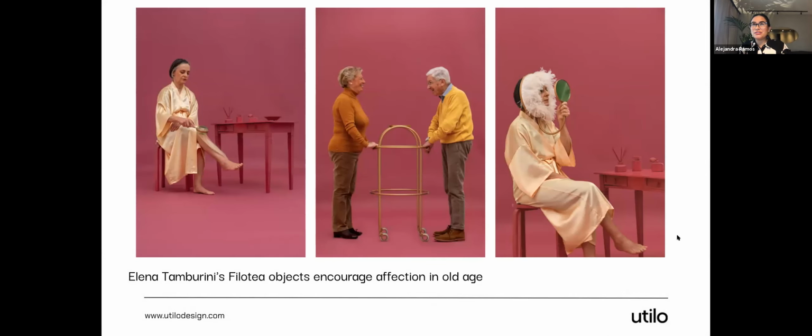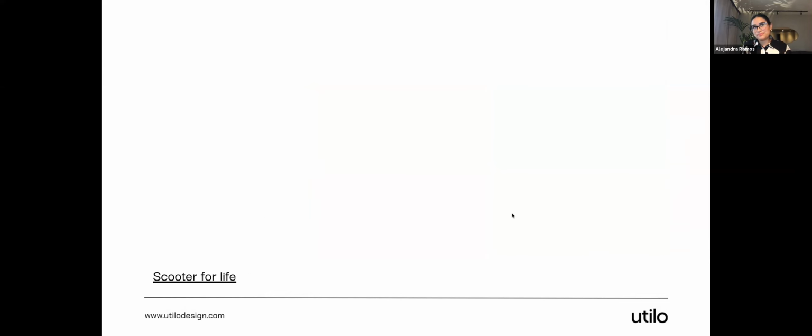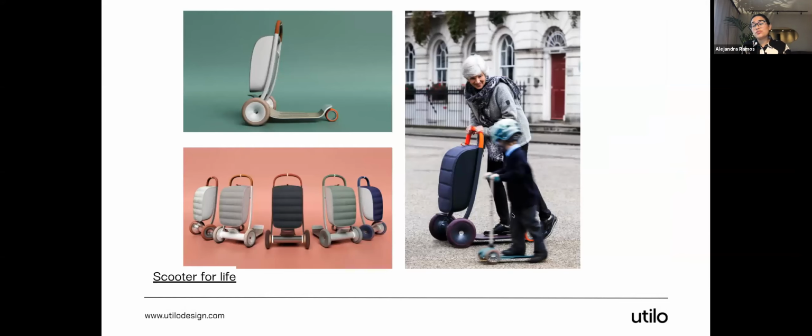She was a student in Italy, and she created these objects that encourage affection in all ages. For example, this walker for people who like to dance, or this scooter for life. It was in the Design Museum in an exhibition called Design for Our Future Selves.